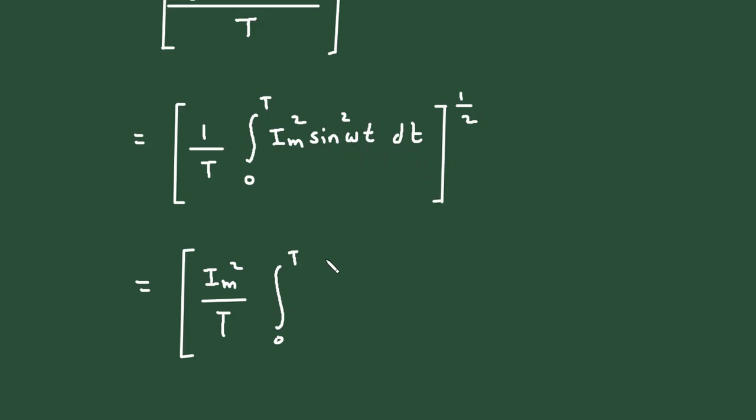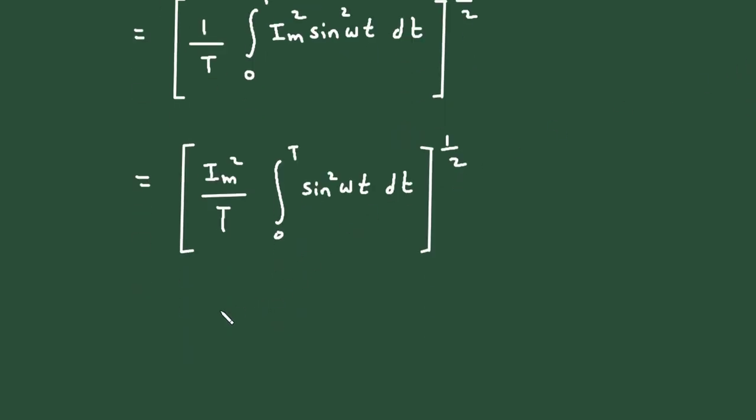First we will write this as it is, sin square omega t dt. Now bracket close, to the power 1 by 2. Now there is one formula for sin square theta. It is equal to 1 minus cos 2 theta divided by 2.